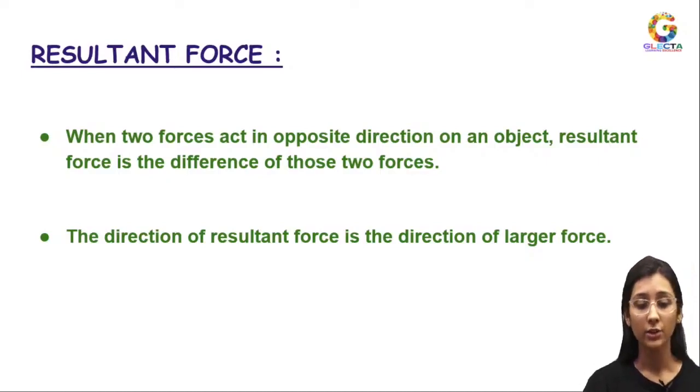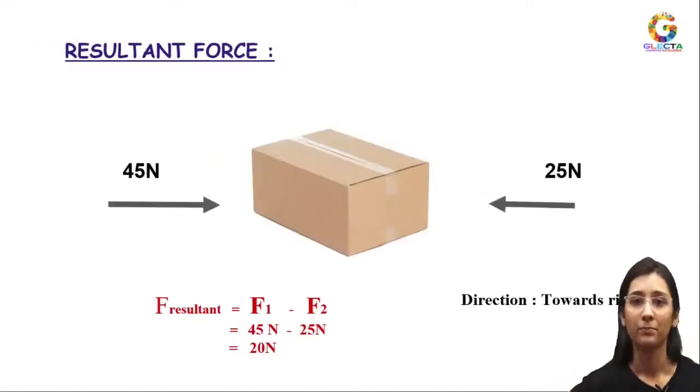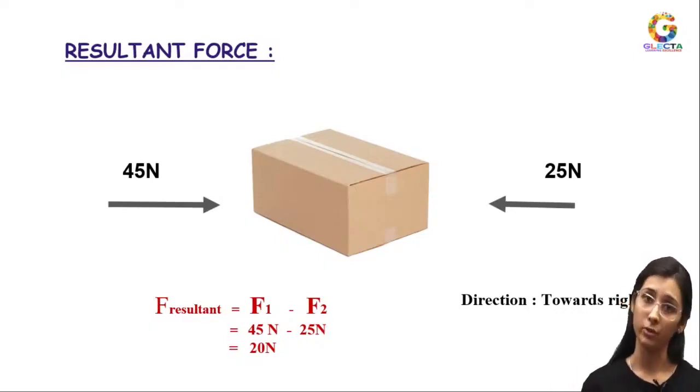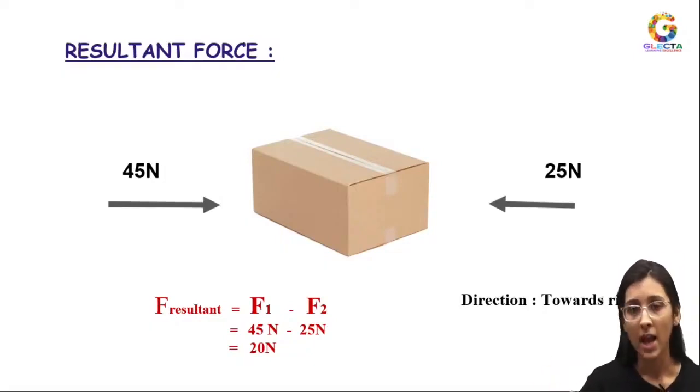The direction of the resultant force is the direction of the larger force. Right. Let's make it clear with this one. Over here there's a box. This box felt a force from one side of 45 Newton and from the other side of 25 Newton. And in both situations, what's happening? The opposite force is being applied.